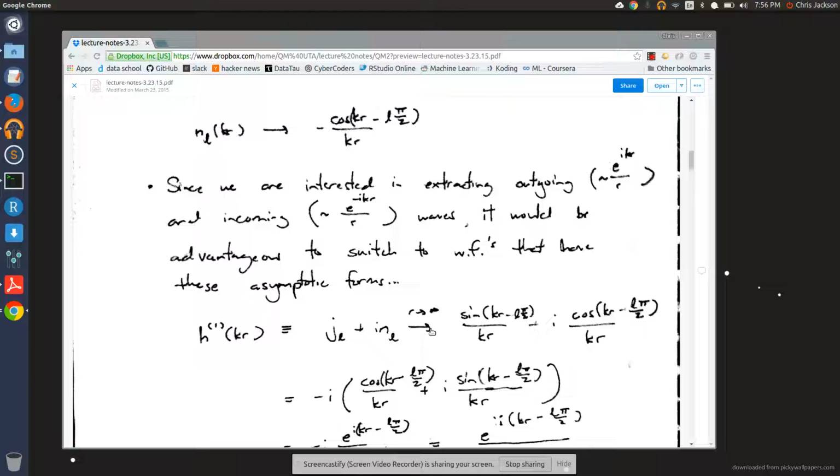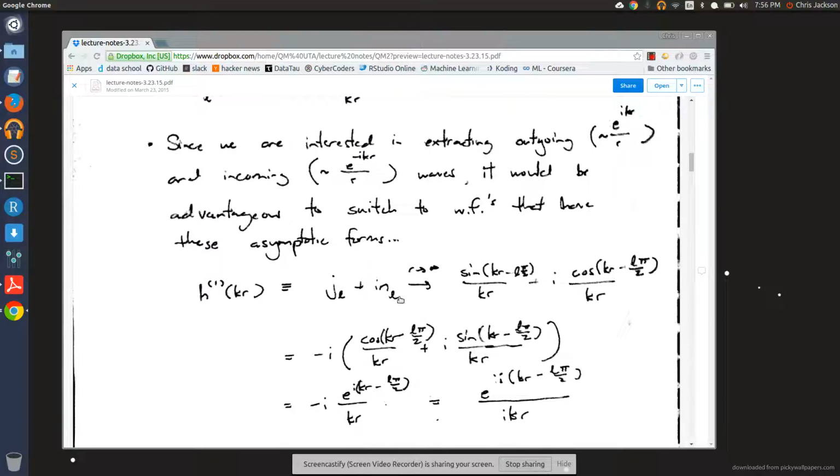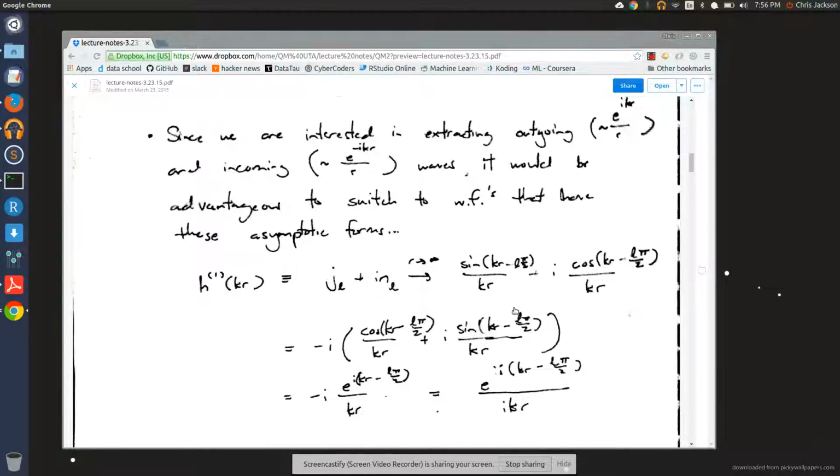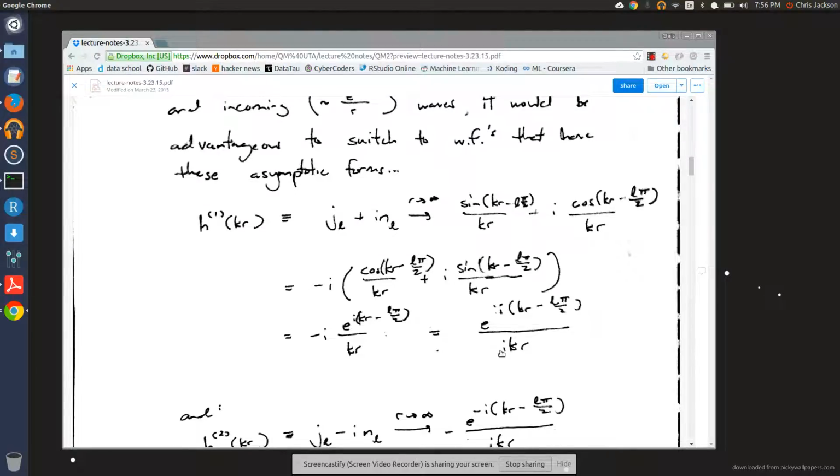As r goes to infinity, you can plug in the asymptotic expressions for these, do a little bit of algebra, and show that the first one goes like an outgoing wave, e to the i kr over kr. So this is an outgoing spherical wave.